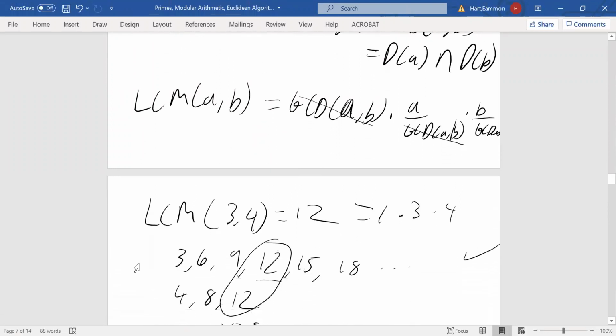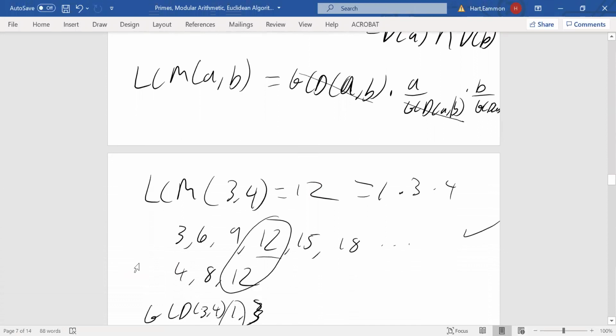And there's a few different ways that we can go about trying to find them. So for the least common multiple of A and B, we can look at the greatest common denominator of A and B times A divided by the greatest common denominator of A and B times B divided by the GCD of A and B. Or you can cancel this GCD over here with one of the denominators, and then you only have one division.